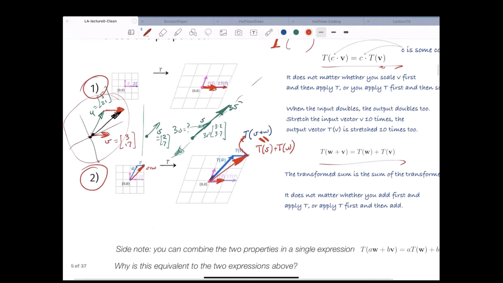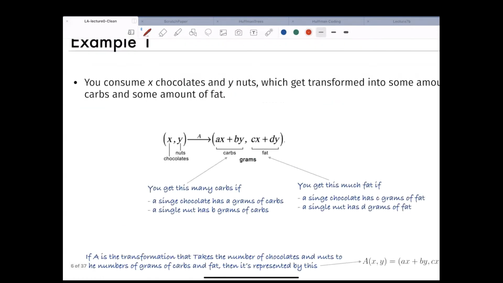This is what makes a transformation linear. Now, linear transformations come up everywhere. This is the most fundamental transformation there is. You've seen them, of course, in calculus. Derivative is a linear transformation. If you've taken multivariate calculus, then you've approximated your transformations and arbitrary functions by what are called Jacobians, those matrices that were derivative matrices.